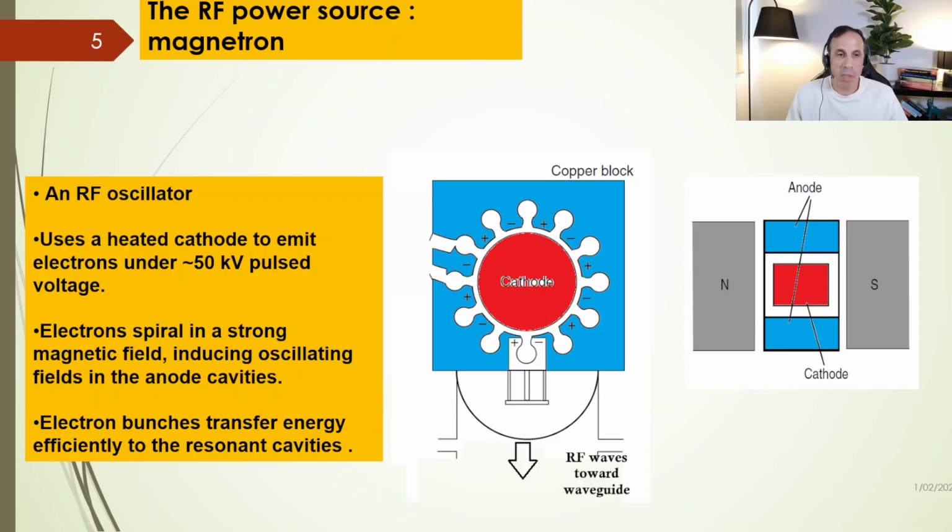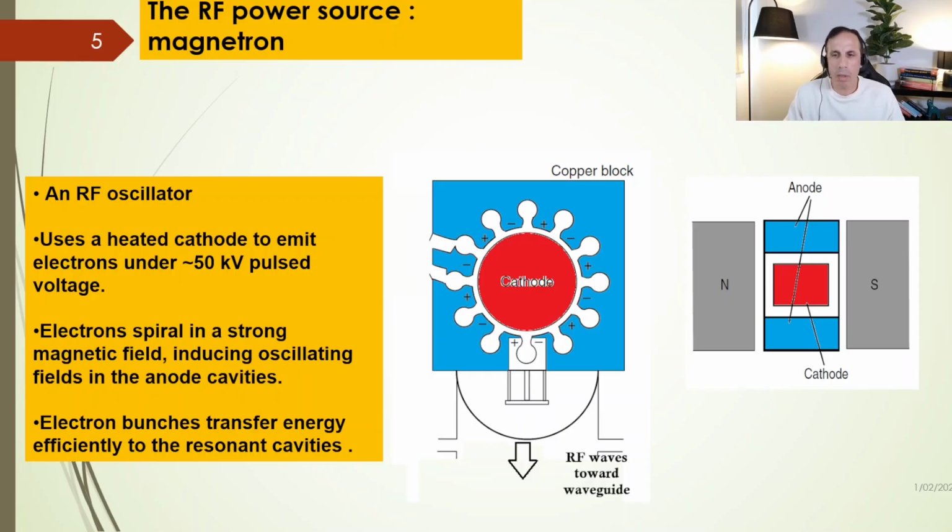I have shown these magnets by N and S, which show the north and south pole of the magnet. This field forces the electrons to follow curved paths instead of moving straight across. As a result, you end up with a rotating cloud of electrons.